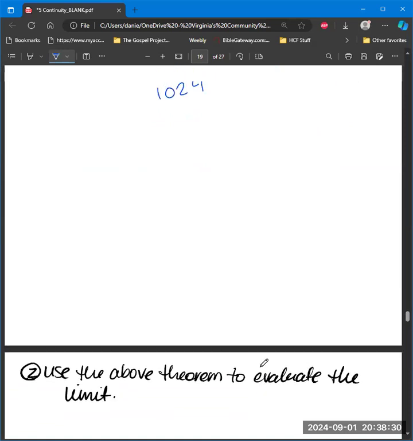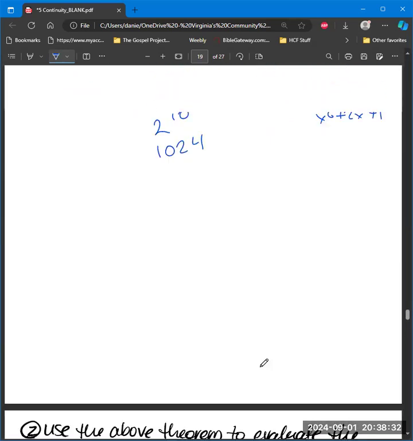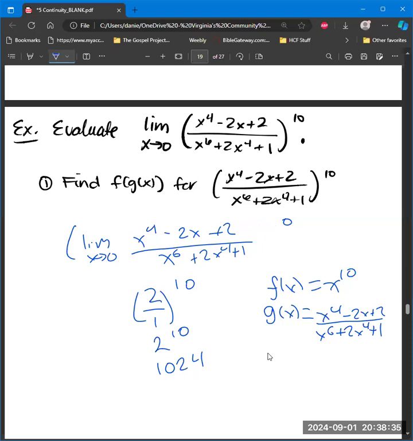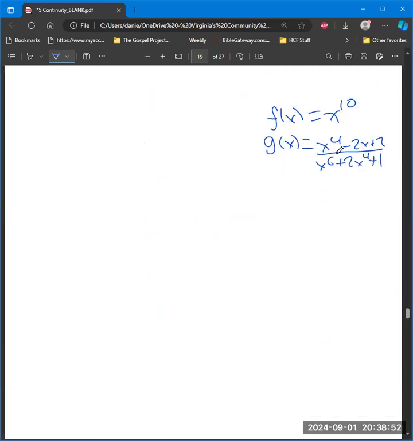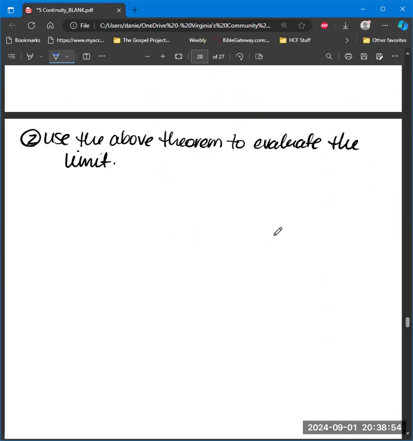Now we're going to use the theorem that I just used above. I just read the prompt wrong. If you want to check this, you can plug g into f and you'll get the original function.